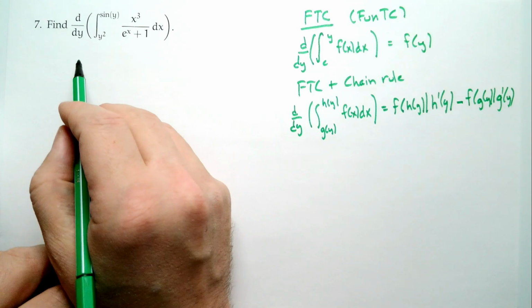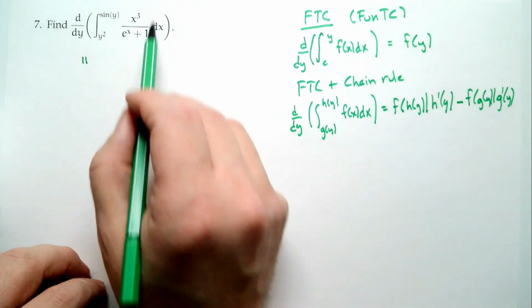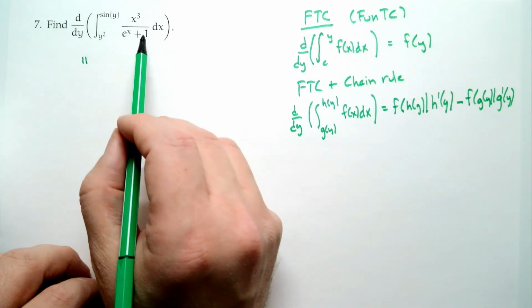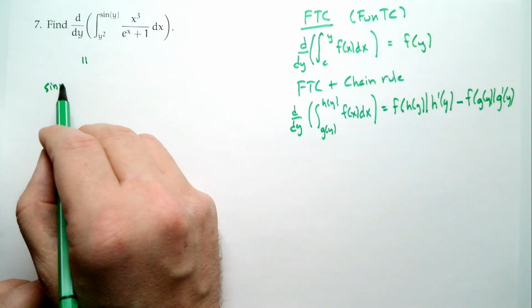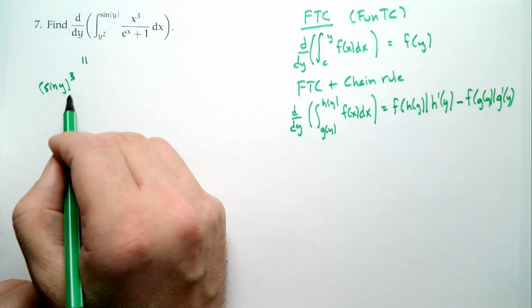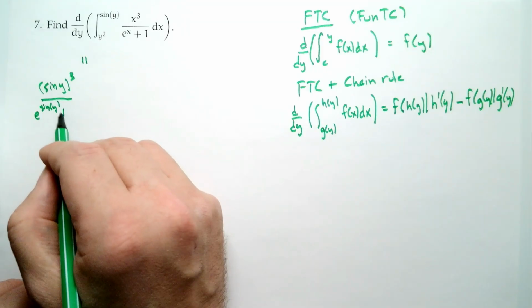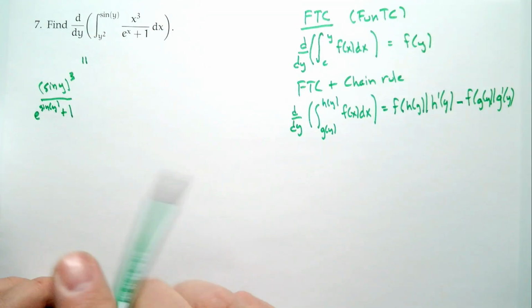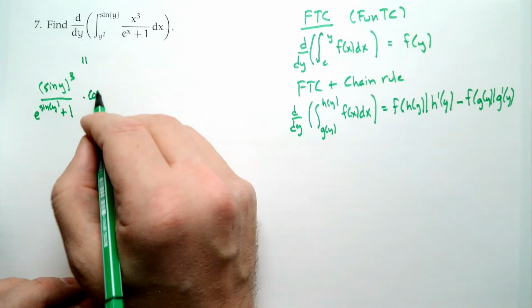So for us, we say, okay, this is our function f on the inside. So we start by saying plug sine of y everywhere you see an x. So we're going to get sine of y cubed over e to the sine of y plus 1. Then you multiply by the derivative of sine of y, and the derivative of sine of y is cosine of y.